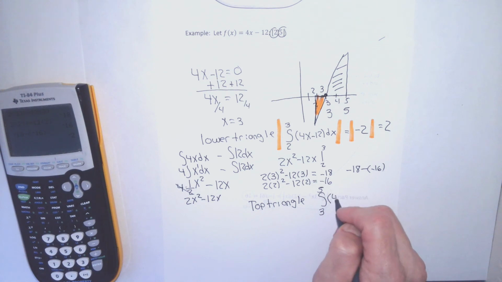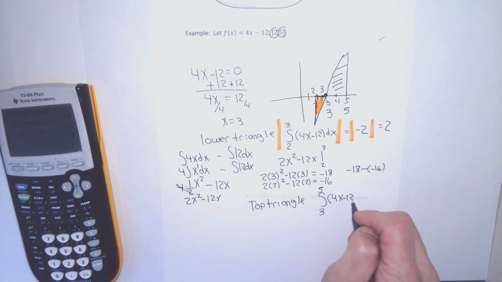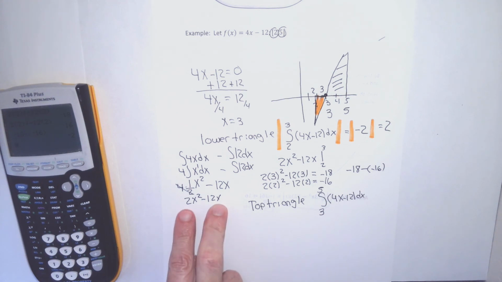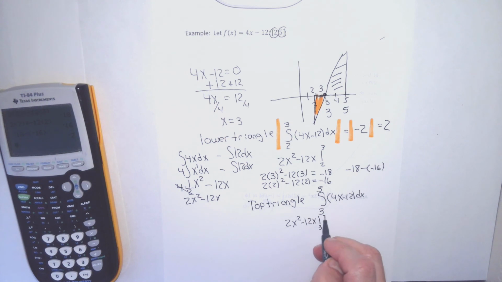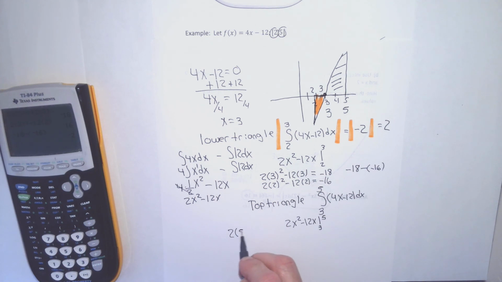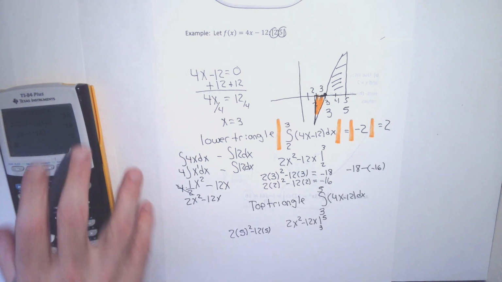And it's the same 4x minus 12 dx, which means I already know what the integral is. I've already integrated this function, so I'm not going to reintegrate it. I'm just going to use the result of the integral, 2x squared minus 12x, and plug the numbers 5 and 3 in. I'll do 2 times 5 squared minus 12 times 5, and then the same with the 3.